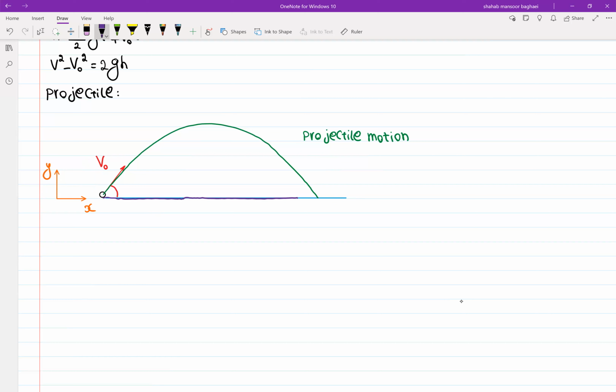Okay, if I want to project this motion along the Y-axis, what happens? If I project it along only the Y-axis, you will figure out at first it will go up, and finally it will go down like this. This one is vertical motion here.